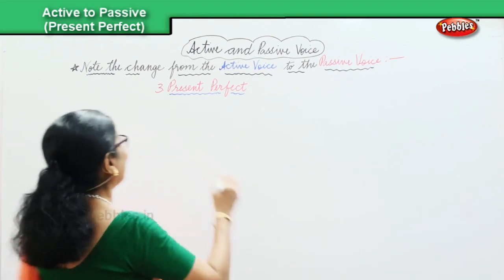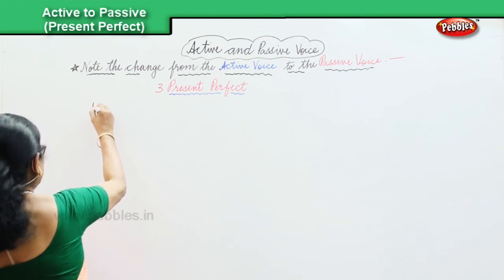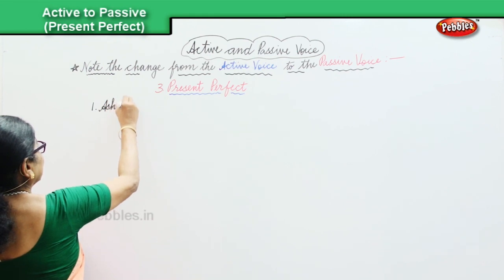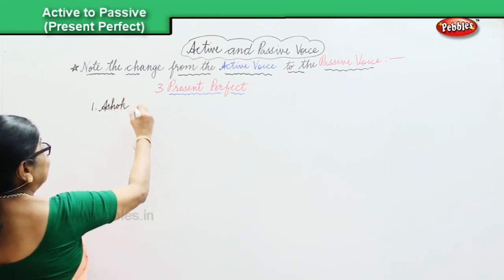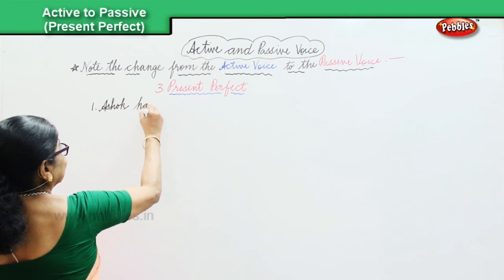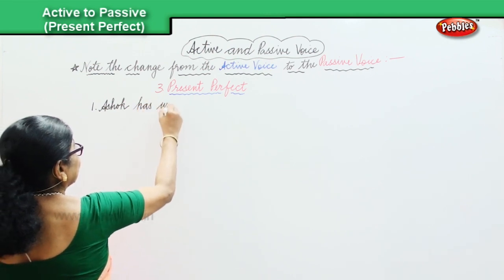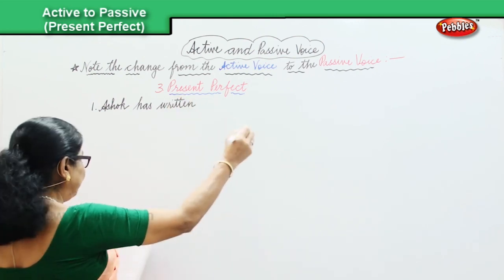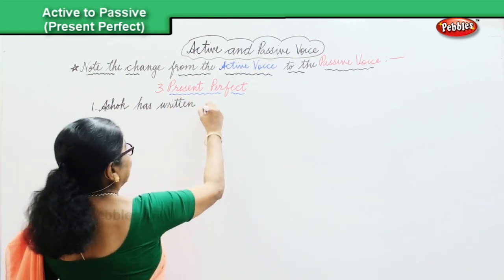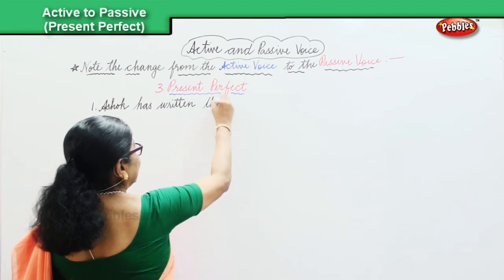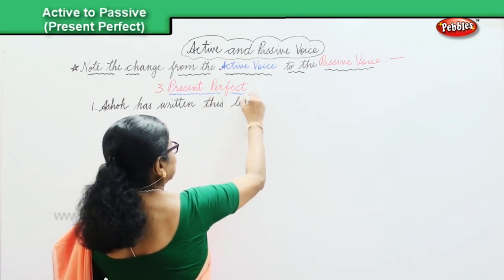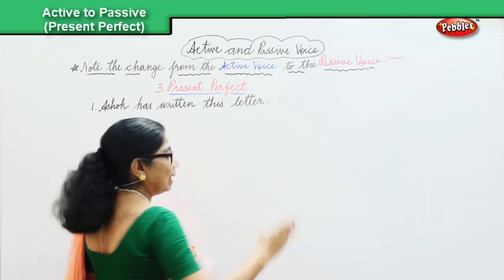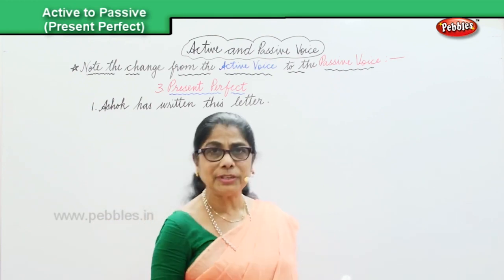All right? Now, the first sentence I have here is, Ashok has written this letter, present perfect. Ashok has written this letter, and that is in the active. What's happening?